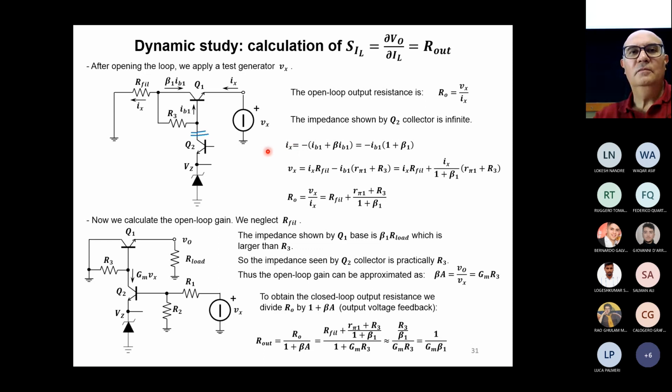If I want to consider the voltage Vx, I can calculate the voltage Vx in this way. I have to consider what is inside the transistor Q1.